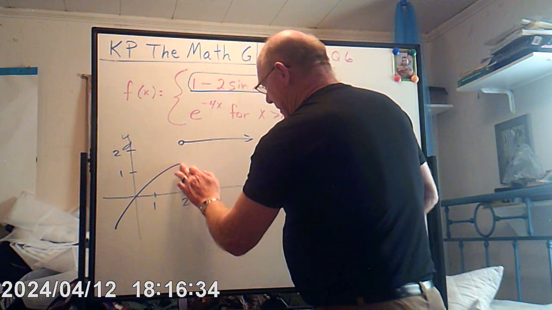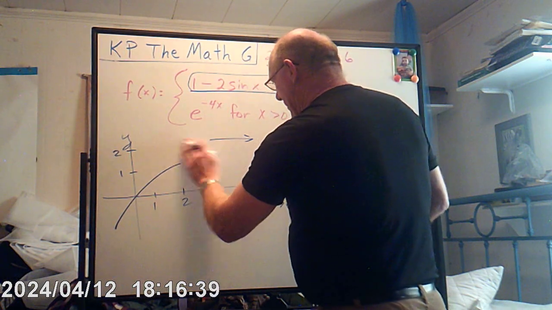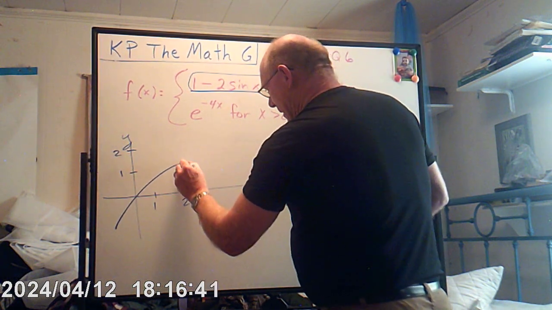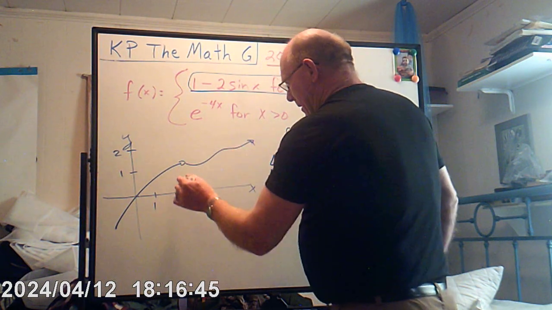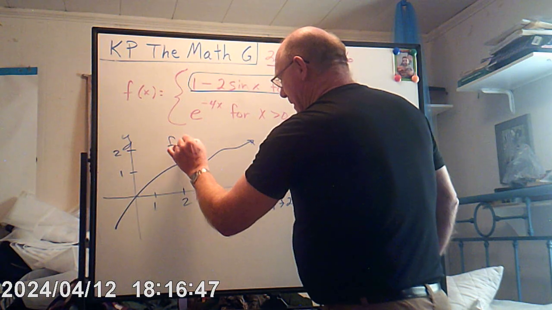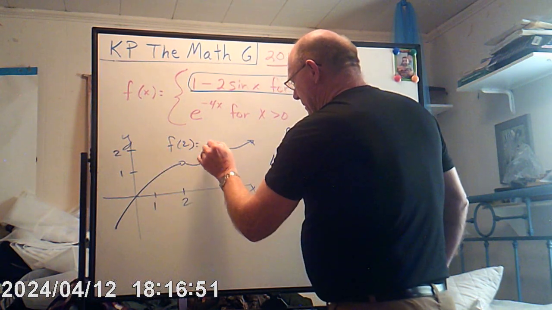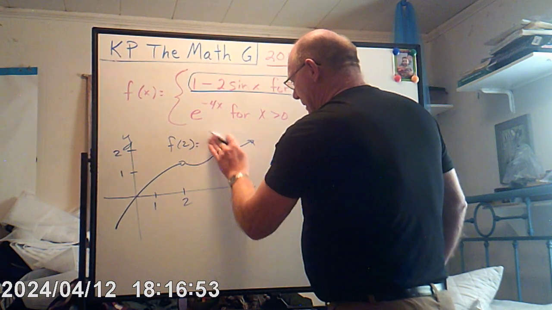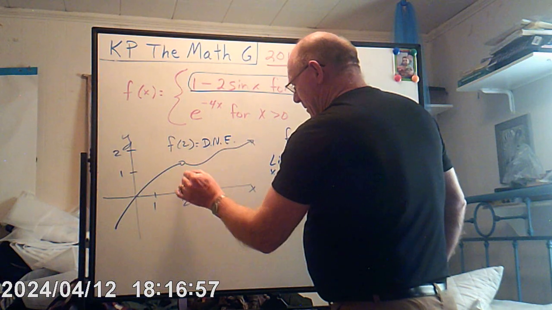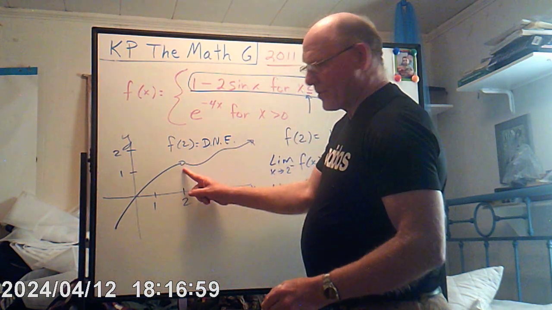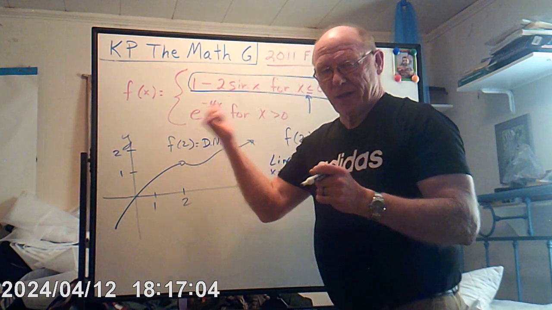But then again, even though the limits exist, we can have this right here and have something like that, and f at 2, well, what is it? We say D and E, does not exist. The limit can exist with a hollow circle, but f at 2 needs to be solid.